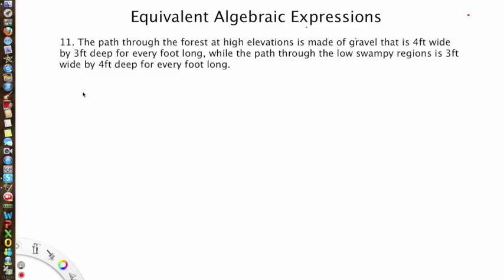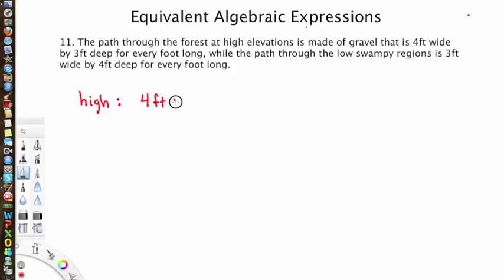So I know that the path at the high elevation has the dimensions of 4 feet by 3 feet for every 1 foot, which would give us the cubic footage of 12 cubic feet.